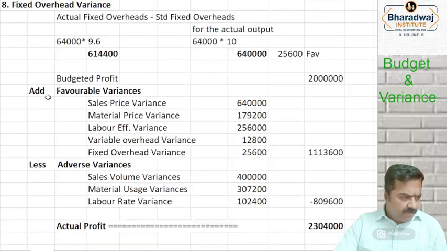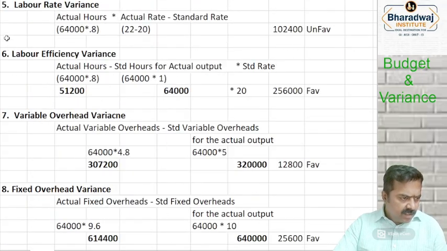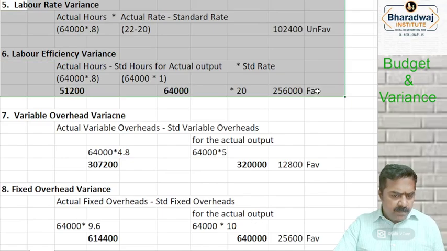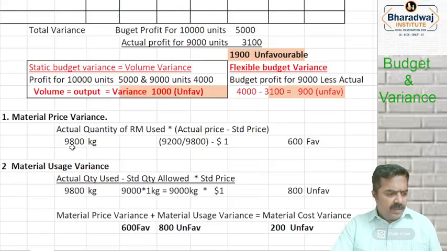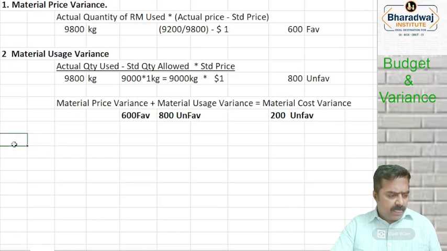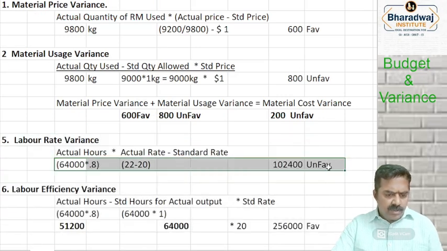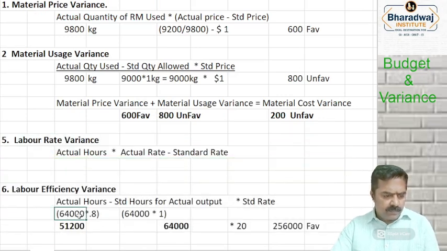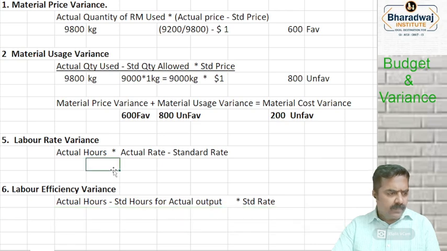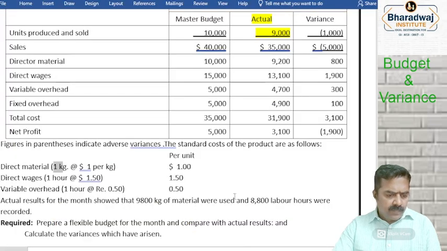Next, we can work out which variance? Labor rate variance plus efficiency variance will give us labor cost variance. Try to work out this. 8,800 labor hours were recorded.